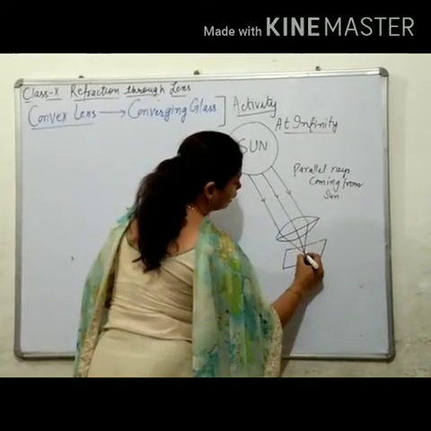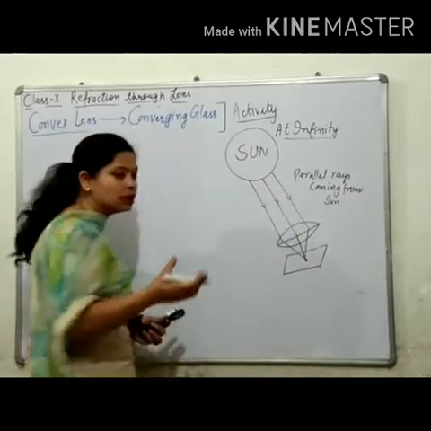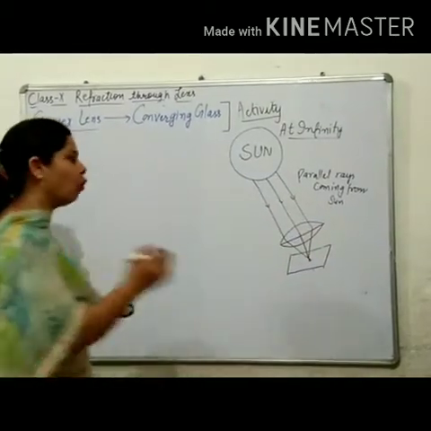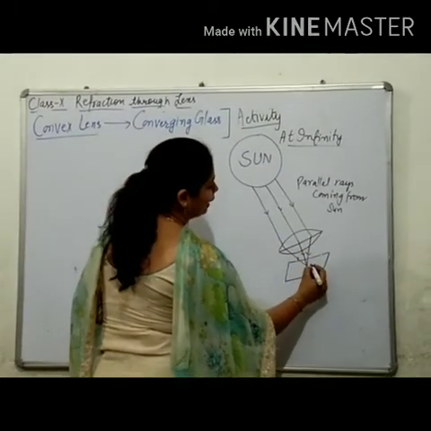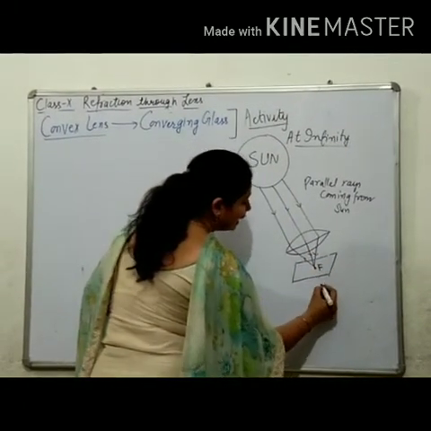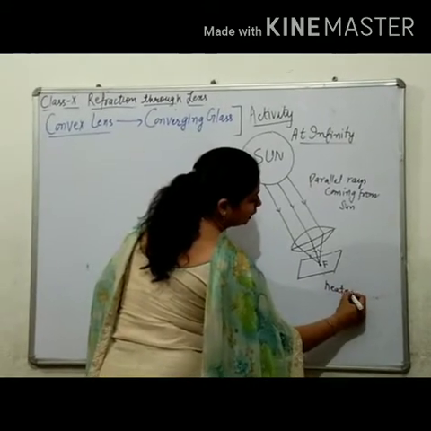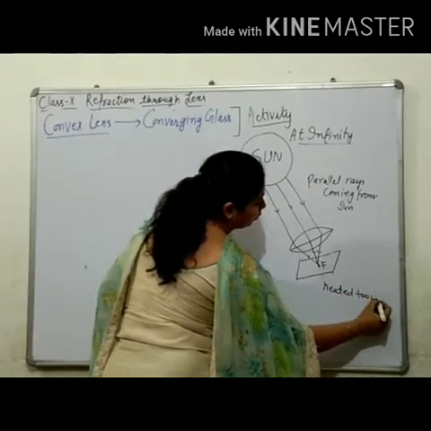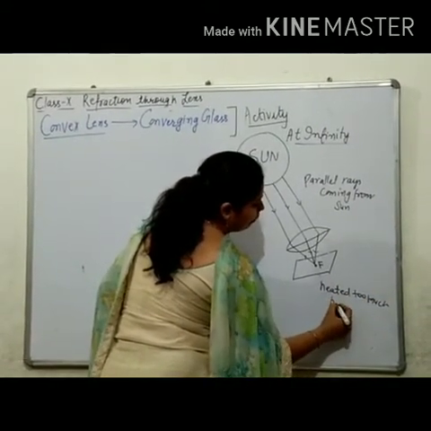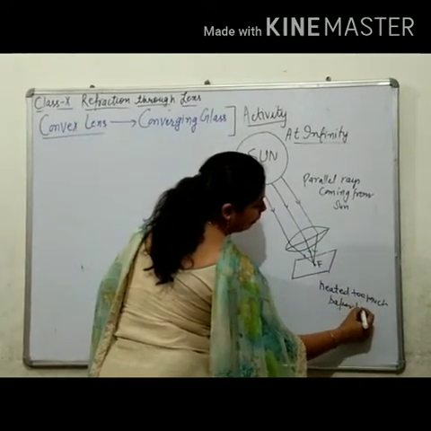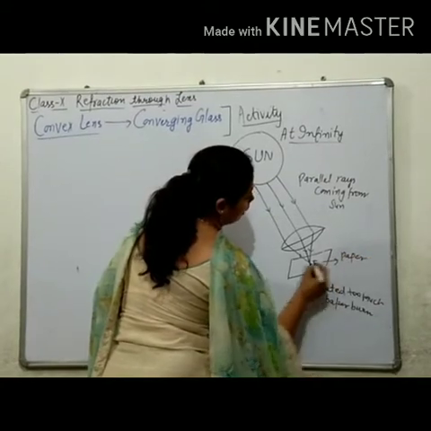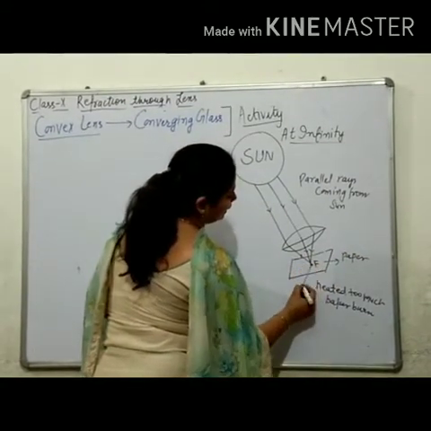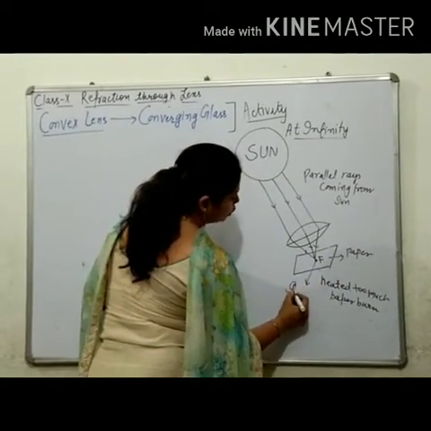By converging, by combining, by concentrating, by collecting all these parallel rays at a single point, and this point gets heated too much that the paper burns. Paper starts to burn. It is paper, and this point is acting like the image of the sun.